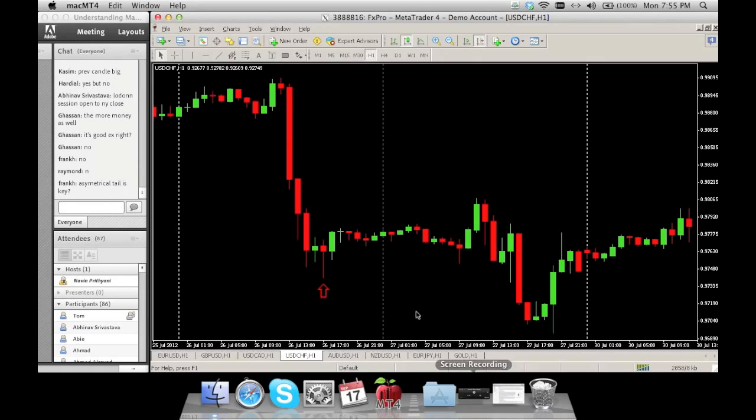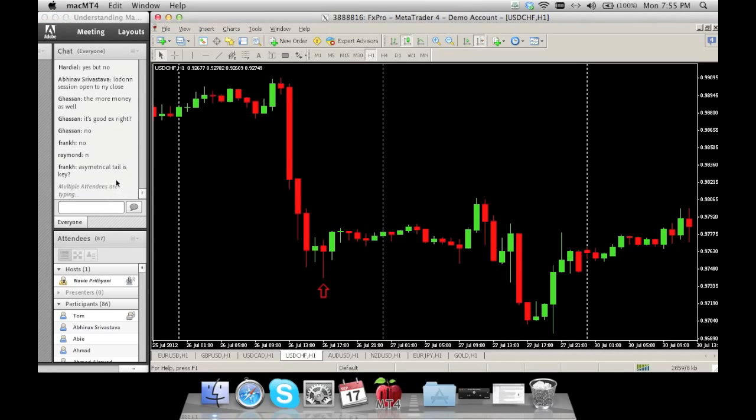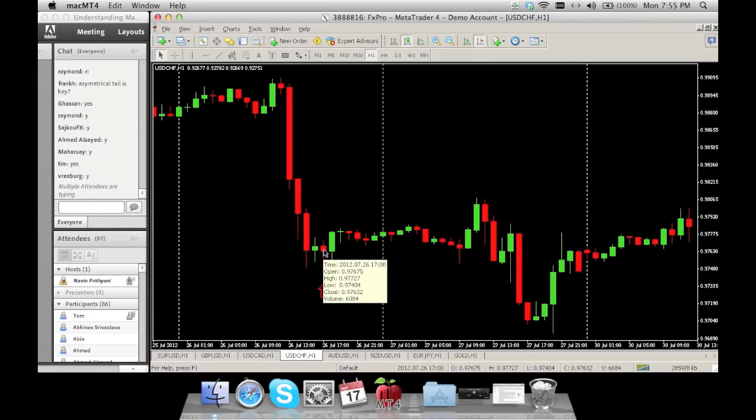Everyone with me so far? Frank says asymmetrical tail is key. Yes, as long as the body is as big as the tail on one side, or bigger than the tail on one side, then you're okay. So far so good.